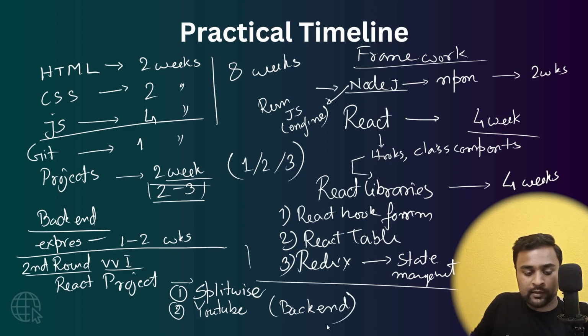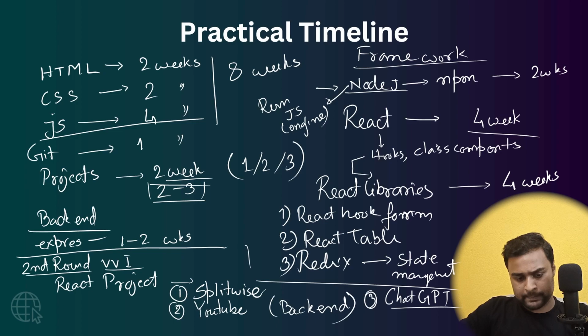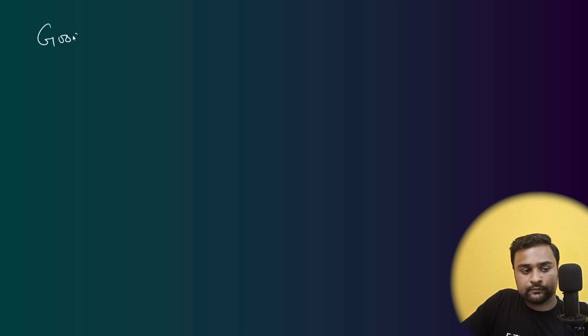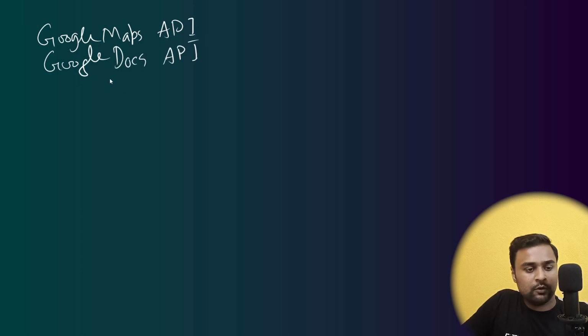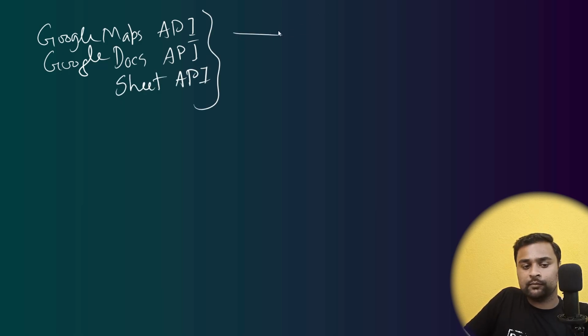Backend भी तो में आ गया तो बना लेना. And the third, maybe you can use the ChatGPT API to build something. So these are 3 project ideas that I can talk about. You can use the Google Maps API maybe, or you may use the Google Docs API or Google Sheets API and build some good project.